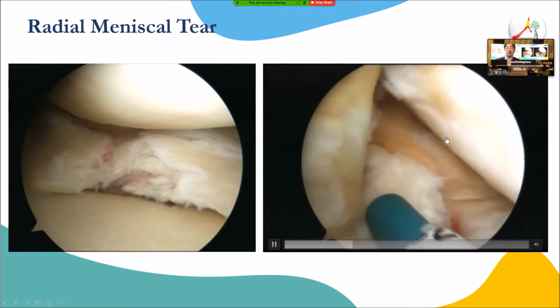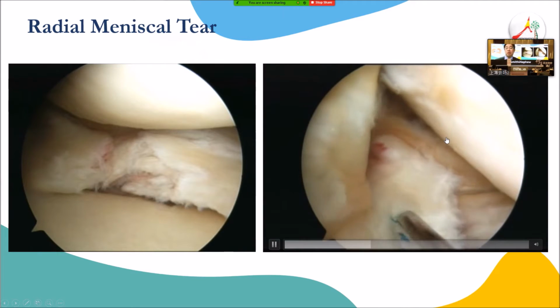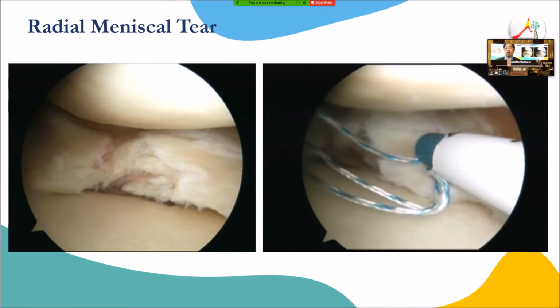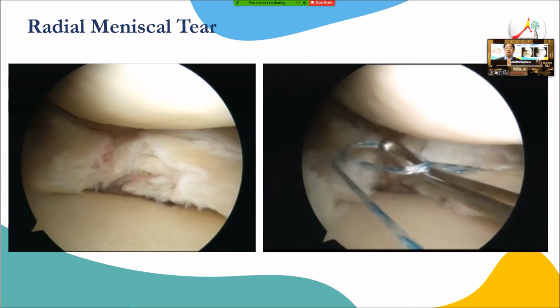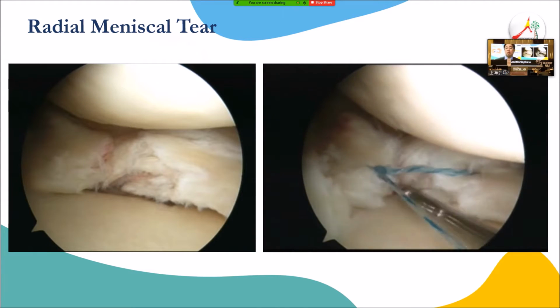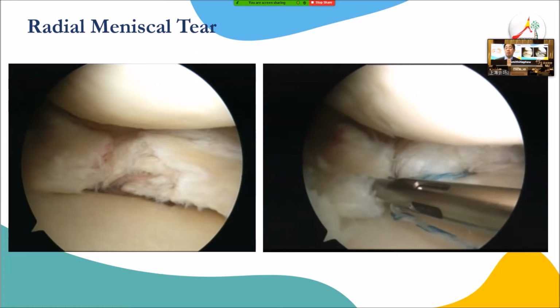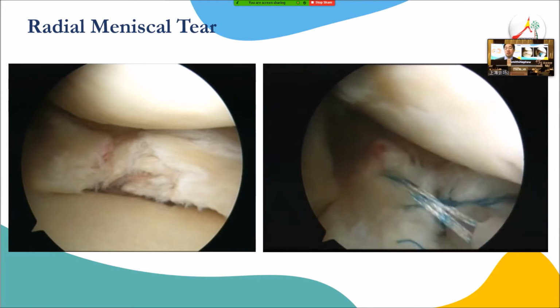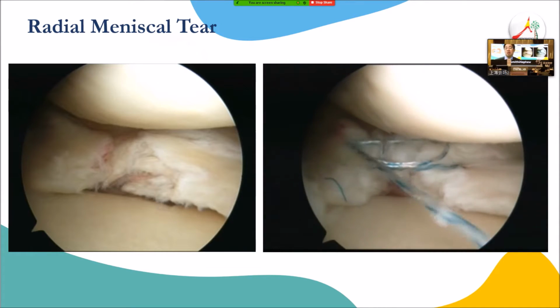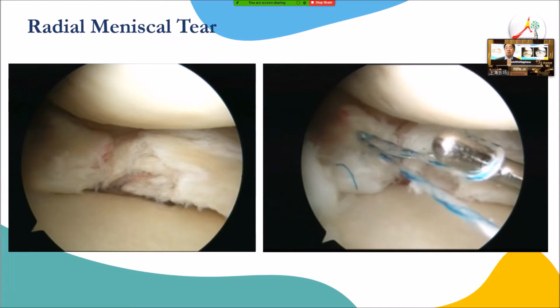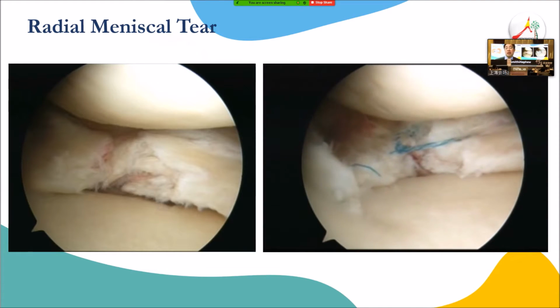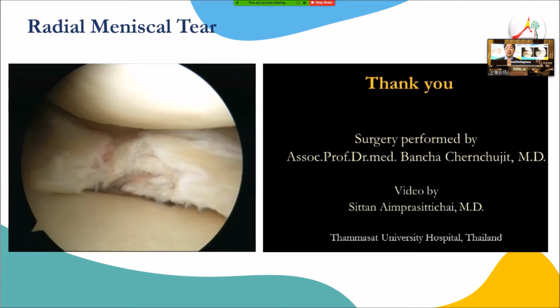So in the past we did the meniscus repair this way. But the problem is the tension is always too much. You see that after we repair we still have the gap like that. So this patient had bad results, because you can imagine this meniscus cannot heal because the gap is too wide and the vascularity to the radial tear is not good.